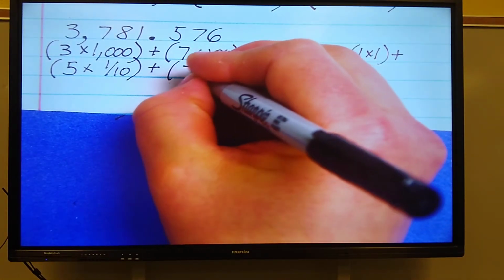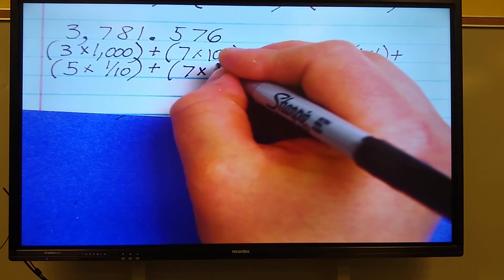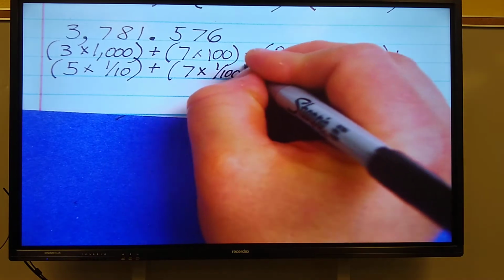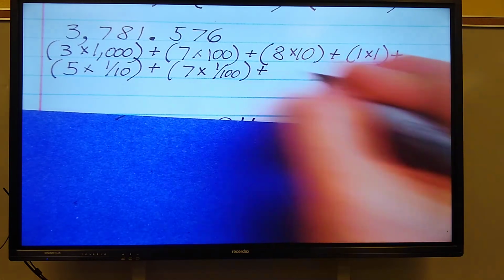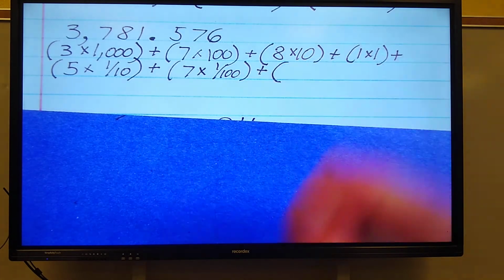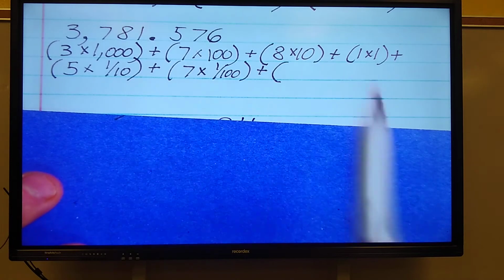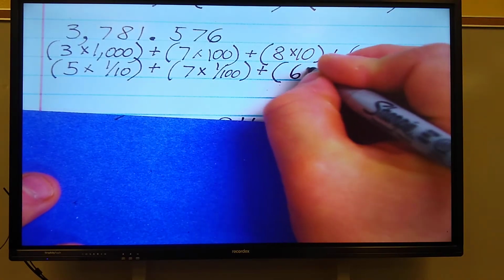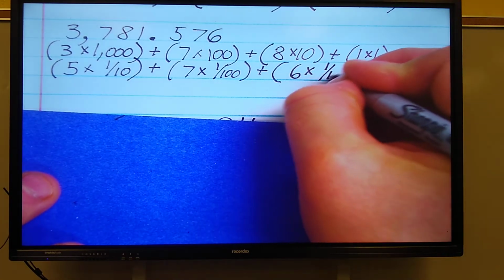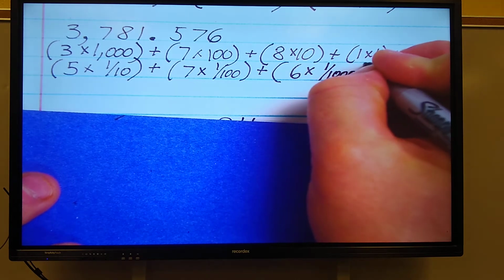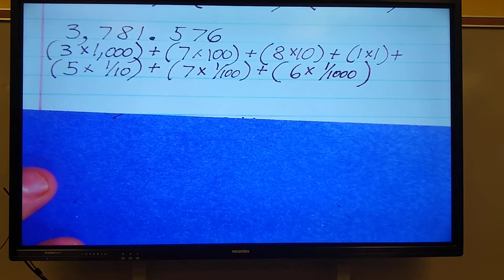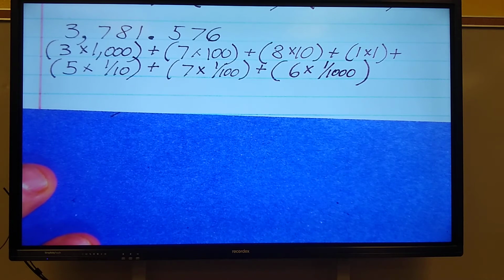So, 1/100. Plus. And then you have the 6 in the thousandths place. So 6 times 1/1,000. Easy, easy, easy.